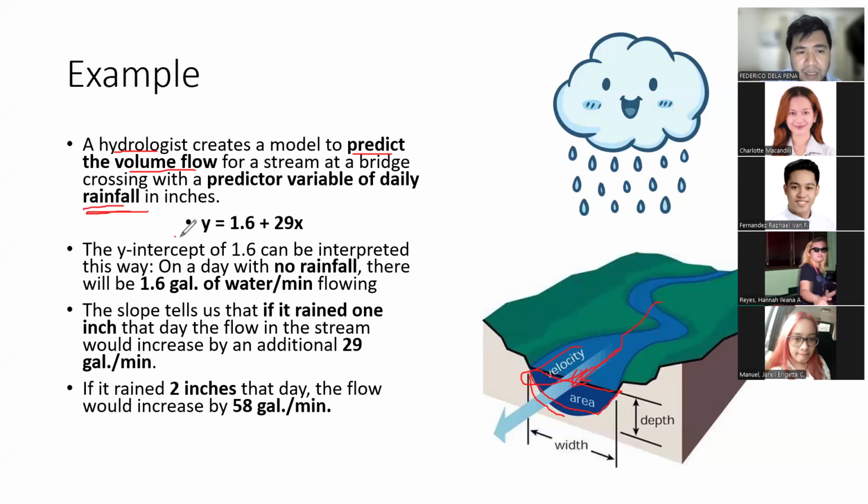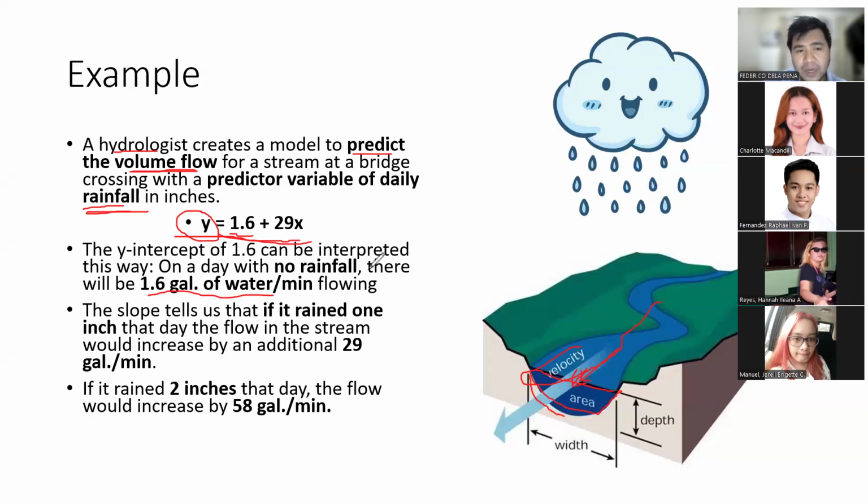Anyway, the predictor equation is set up as follows: y, or the volume of flow, is equal to 1.6 plus 29x, right? And this is in units of gallons per minute.